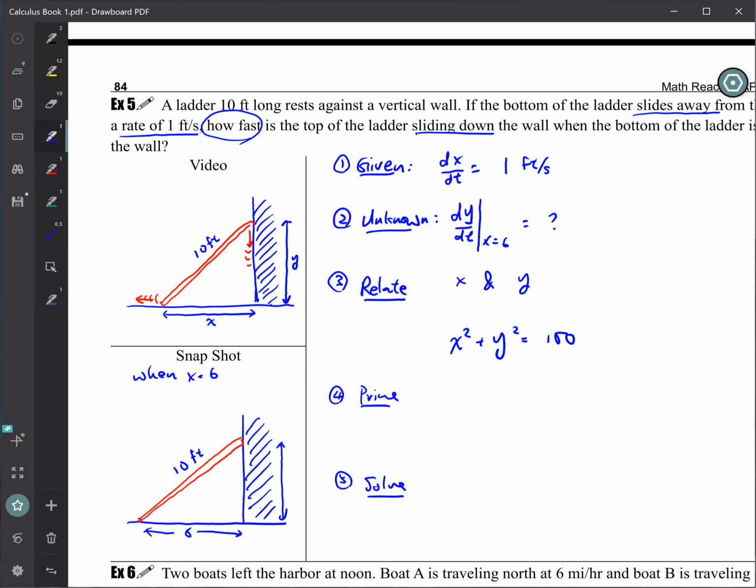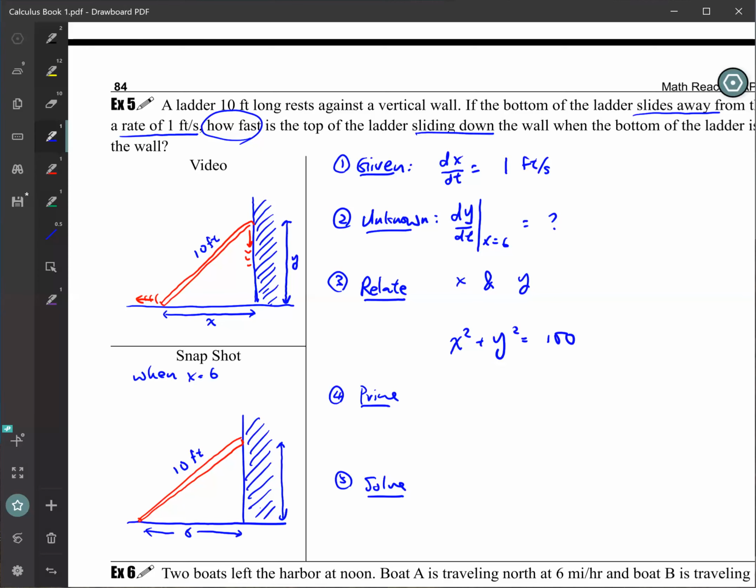After I find x prime, I need to plug in 2 points, right? Yes. So in this case, I would actually have to use a squared plus b squared equals c squared, right? Yes. Because the relationship will always exist, as long as it's a right triangle.